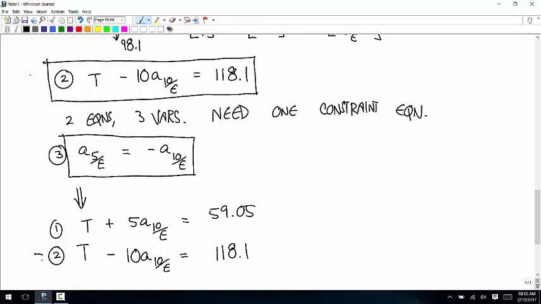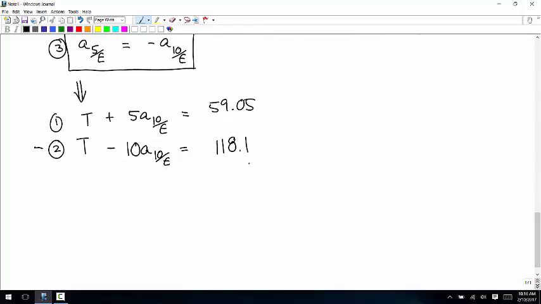And I'll subtract these two equations. The T's cancel, and you get 15 times the acceleration of 10 relative to E is equal to, what, can someone add those for me? Oh no, subtract them. So you get negative 59.05.